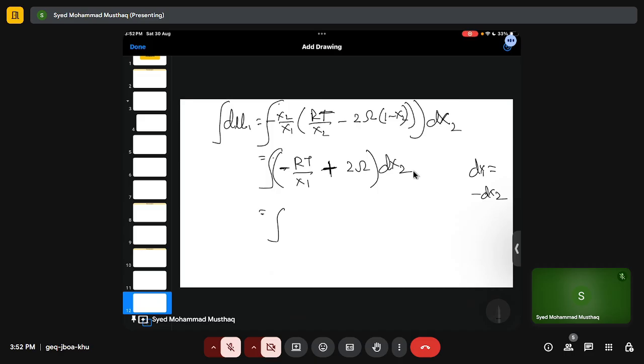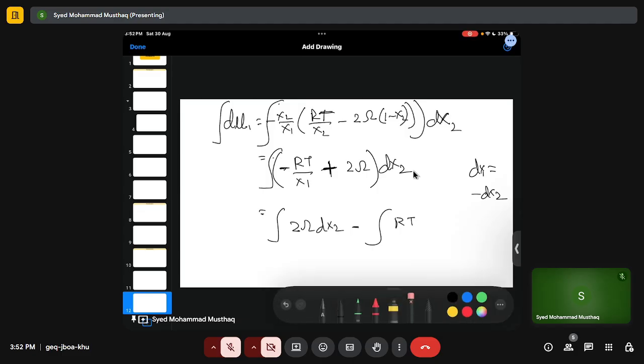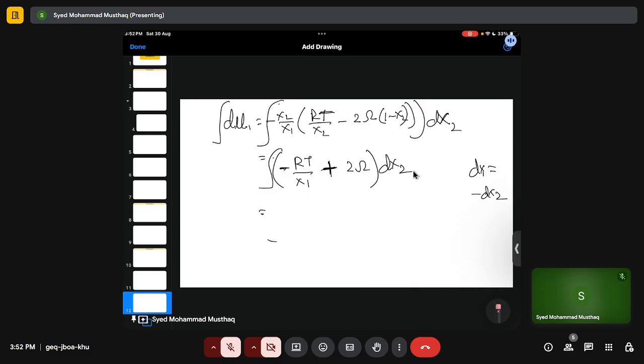Now I am left with 2 mu dx2. There is a minus sign. Minus RT, let's take RT outside. So let's write it again. So I have 2 mu dx2.